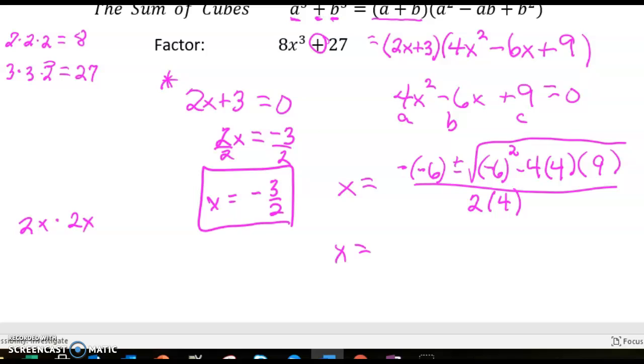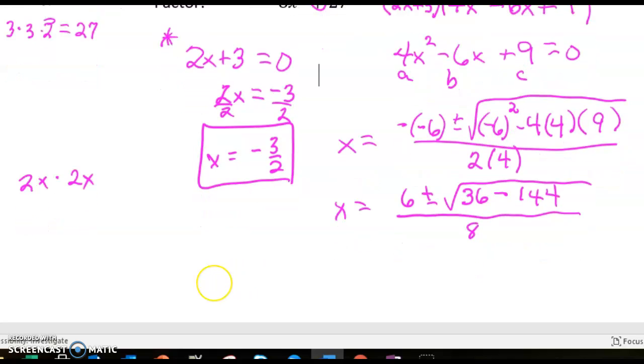X equals a negative negative 6 is a positive 6, plus or minus the square root of 36 minus 144, because negative 6 squared is 36, and 4 times 4 times 9 is 144, all over 8.